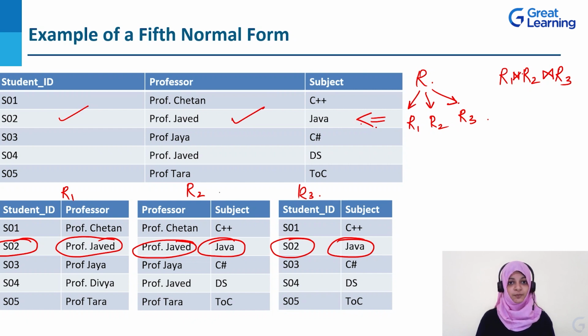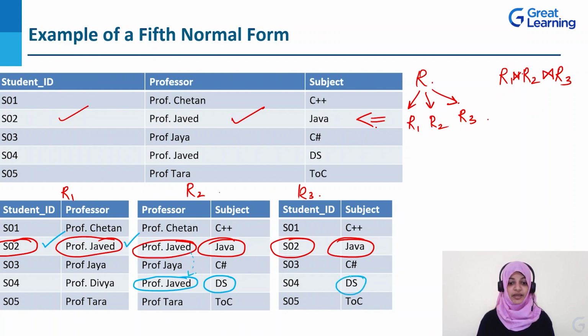The problem comes up in this particular section. Consider the exact same value for relation R1. Student S2 under the tutelage of Professor Javed. Coming up to relation R2, we have another Professor Javed here teaching subject DS. It would obviously be the exact same professor.